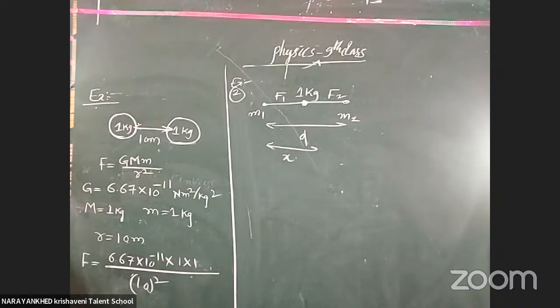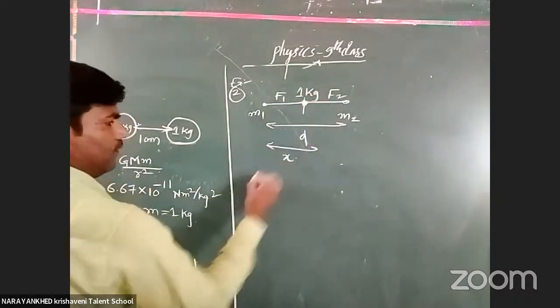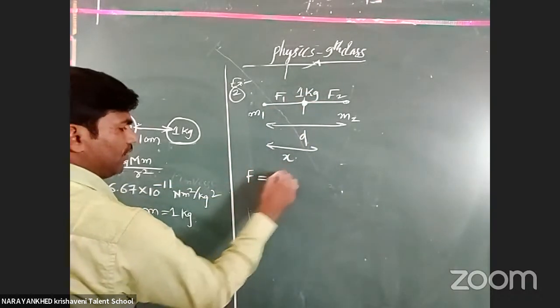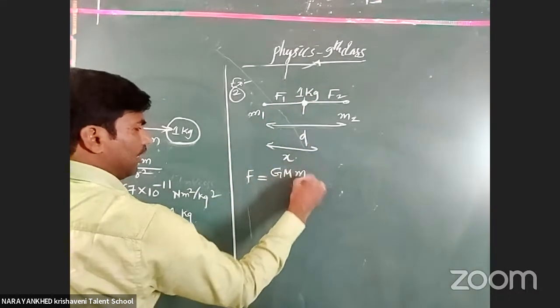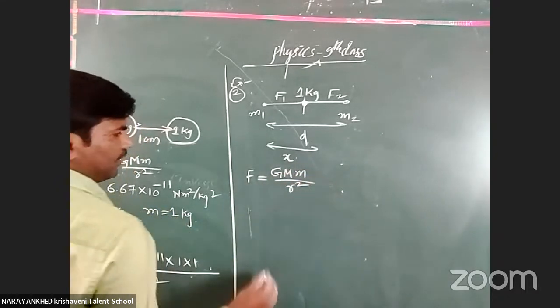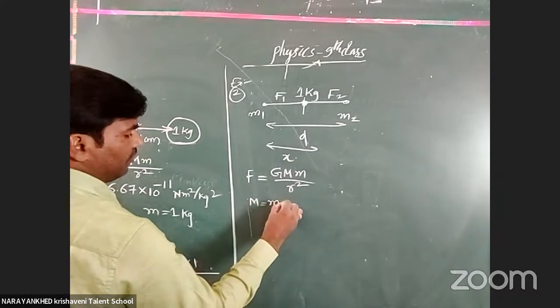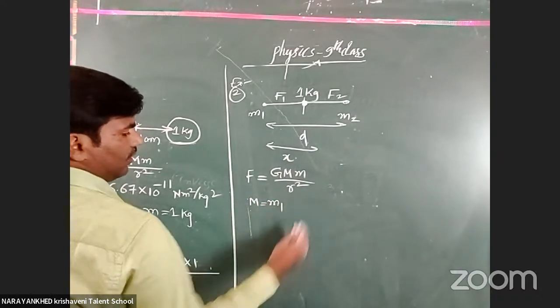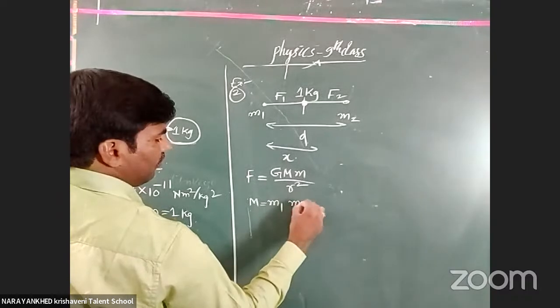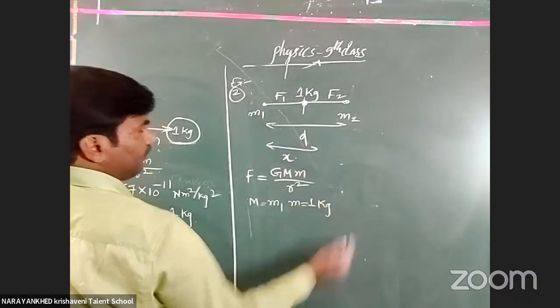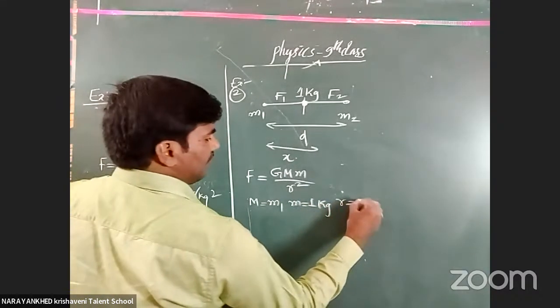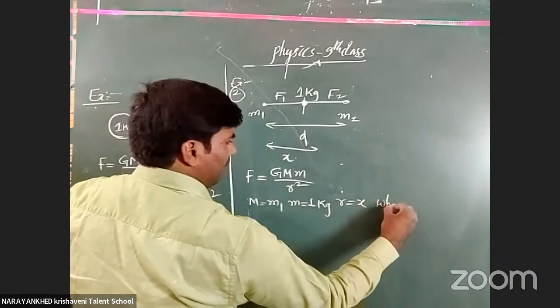Now, for F1, the formula is F equals G M m by r square. Here M is M1, small m is 1 kg, and r is x.